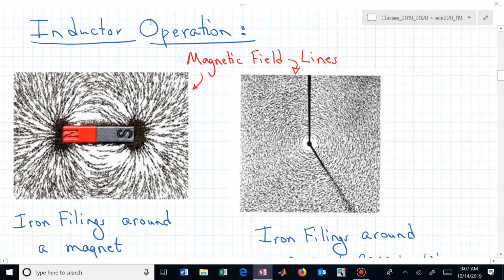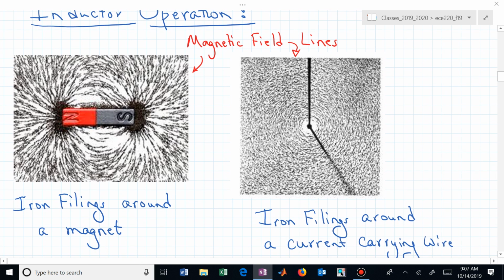How does it work? Well, I'm assuming you've seen or had to create this iron filings with a bar magnet experiment somewhere along your educational path. You've maybe seen these iron filings and how they orient themselves, how they align relative to a magnetic field.